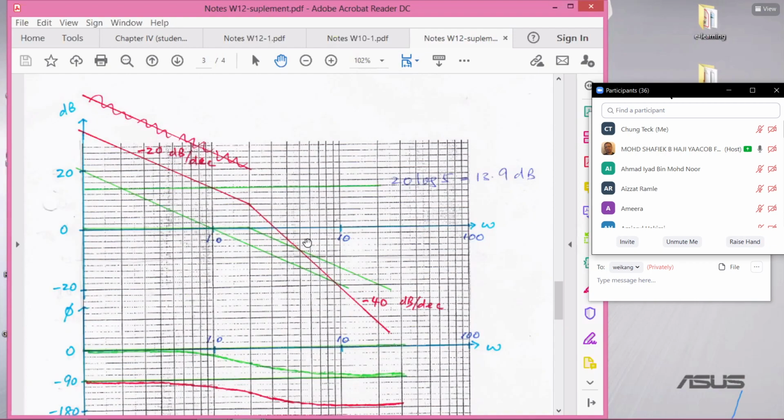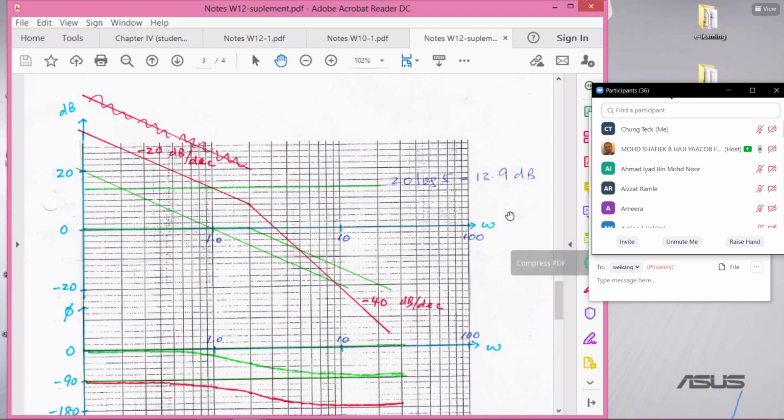Every decade you multiply by 10. And the frequency here is not 0. This is 0 decibel, the vertical axis. Vertical axis here is 0 decibel, but the value of frequency here is not 0, it is 0.1. So 1 decade to your left, you divide by 10, so that is 0.1.